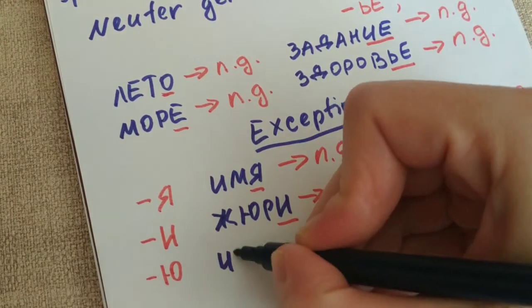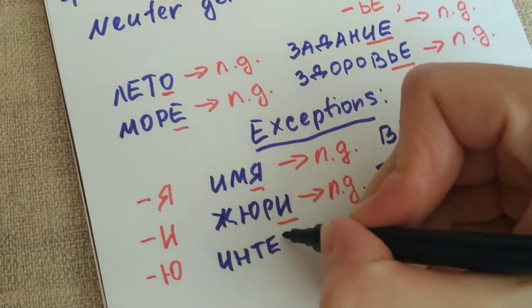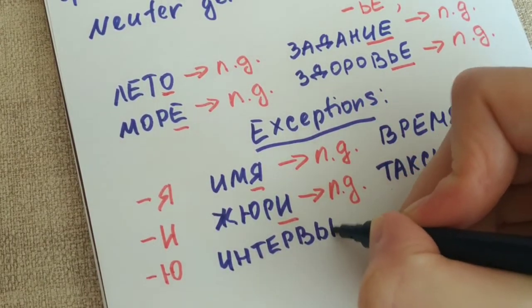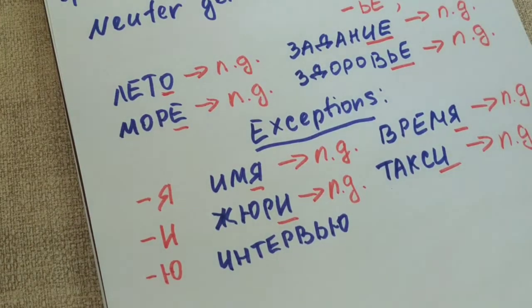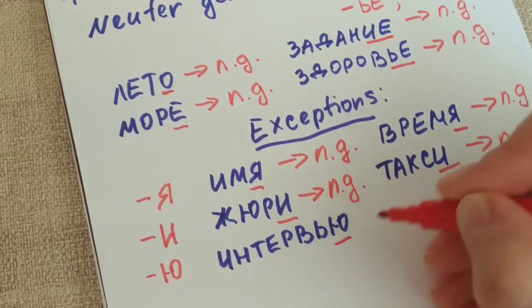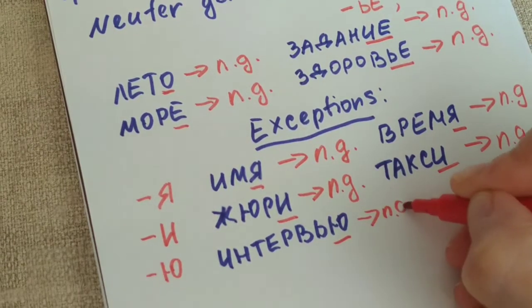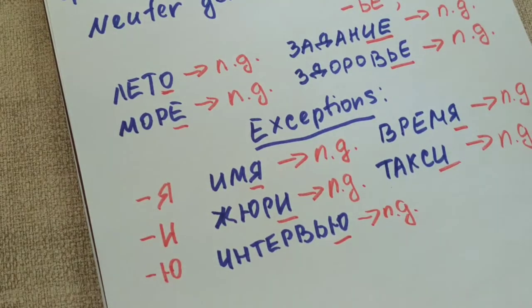The first one is interview, a borrowed word, of course, ending in u, and we know now that it is of a neuter gender.